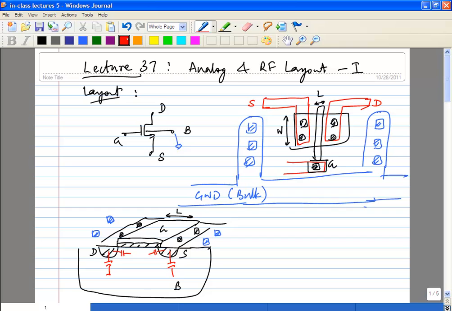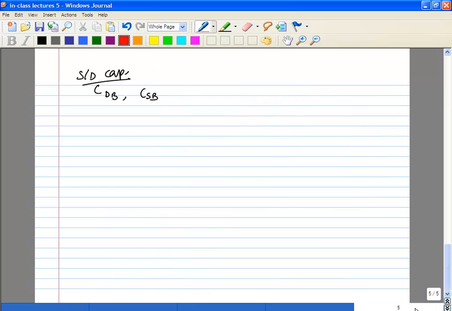If you look at the drain bulk capacitance, what does it depend on? Obviously it depends on the area, right? So it depends on this E, the bottom area. So it depends on E and on the width of each finger, W. So you have two components.